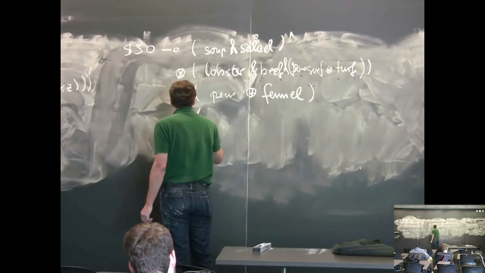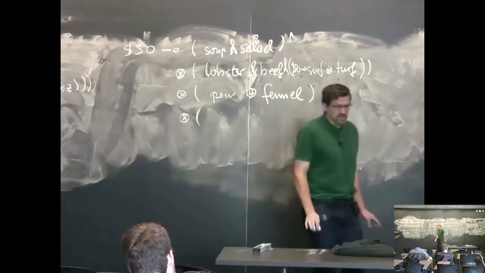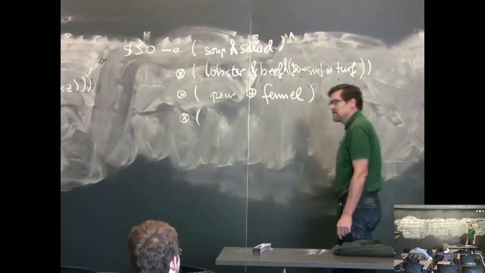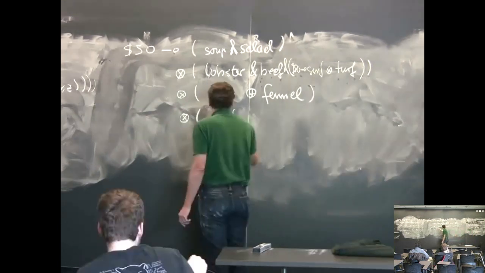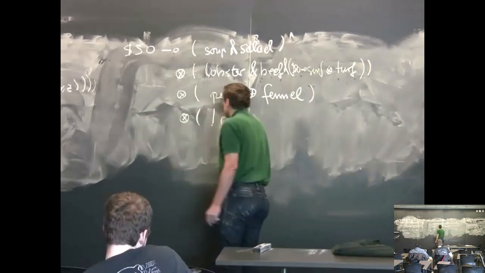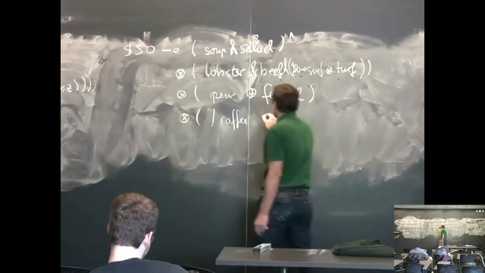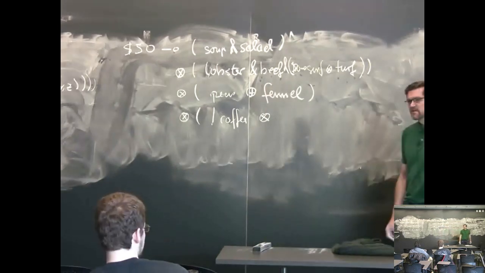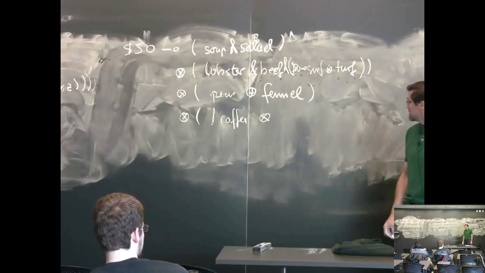Then I get unlimited coffee. This is definitely not France. How do I get unlimited coffee? As much coffee as I want? Of course, coffee. Okay. And I get this together with optional cream. Maybe cream, maybe not, depending on how I like my coffee. How do I say that?